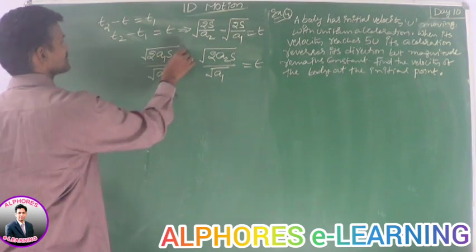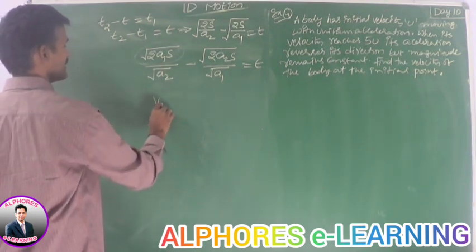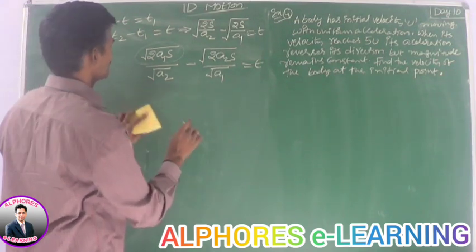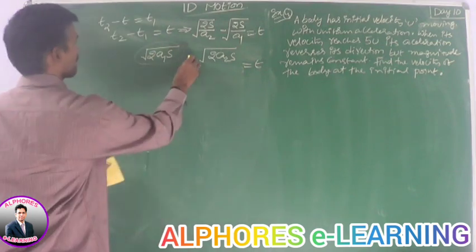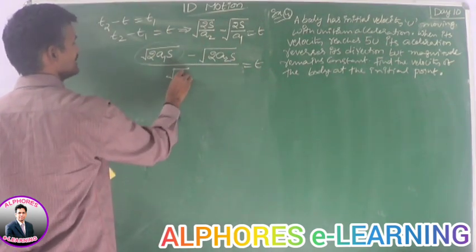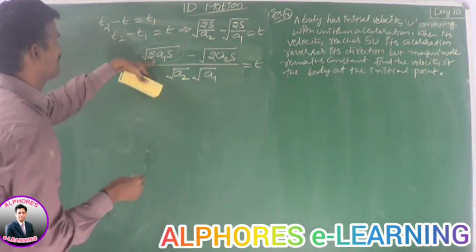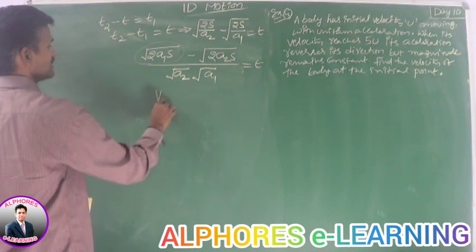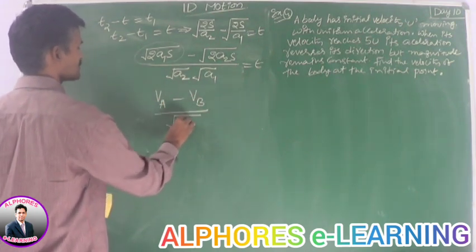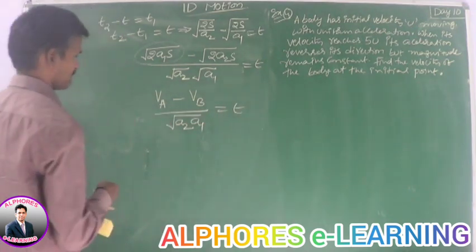Actually, this is the velocity of car A, sorry, it's a mistake. By cross multiplying you will get an LCM of root a2 into root a1. This is velocity of A minus velocity of B by root a2 a1 is equal to time.